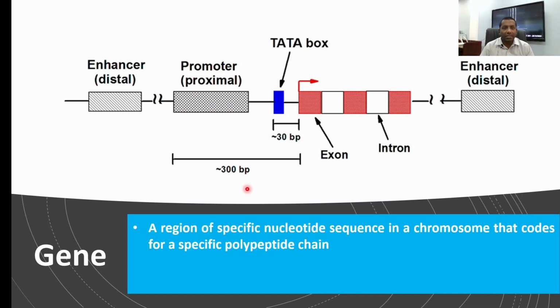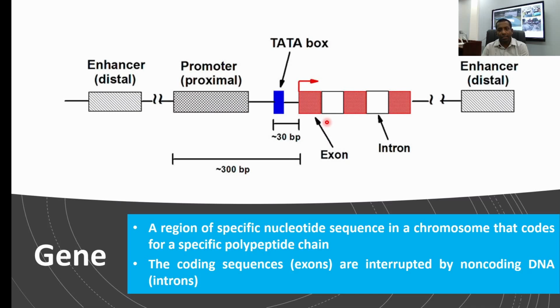So a gene is a region of specific nucleotide sequences in a chromosome that codes for a specific polypeptide chain. As you can see here, the coding sequences, we call them exons, are interrupted by non-coding sequences called introns.